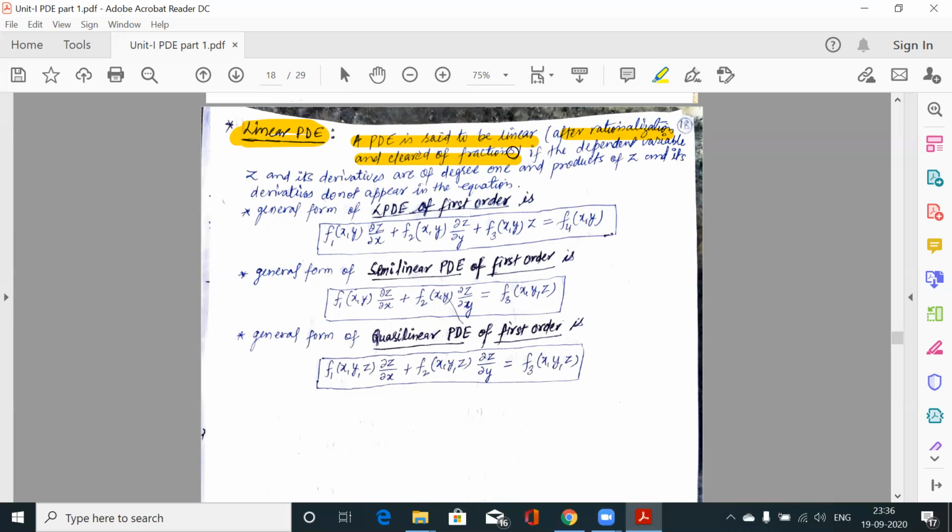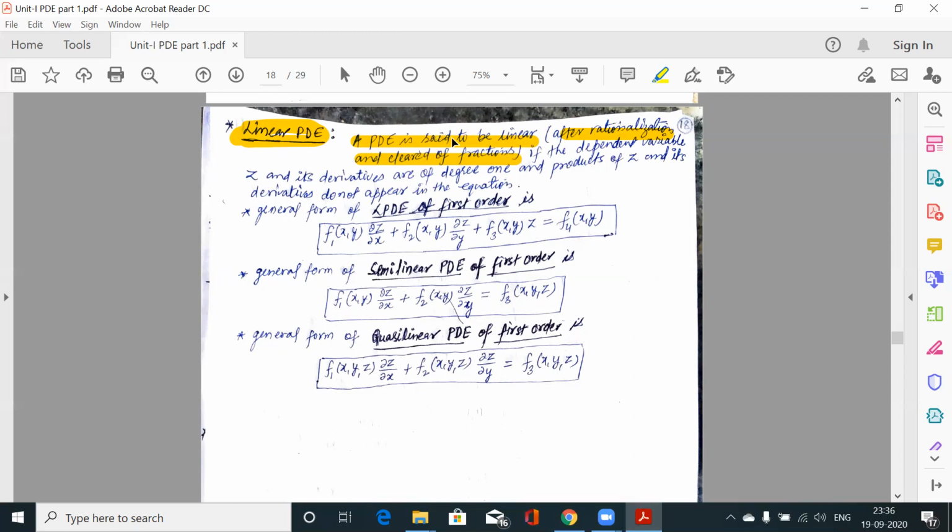So if the dependent variable and all its derivatives are free from radicals and fractional powers, then only we can decide the degree of PDE. I repeat, the degree of a partial differential equation or any differential equation can be defined only after it is made free from fractional and radical powers of the dependent variable and the derivatives.